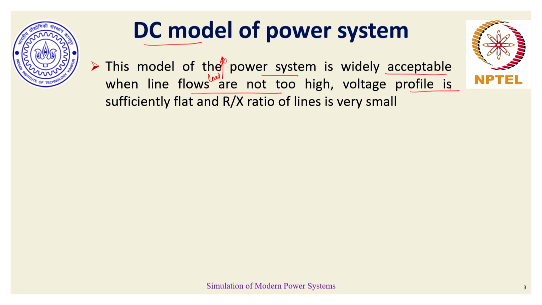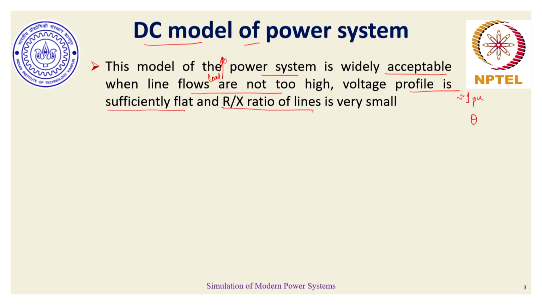The voltage profile at every bus is sufficiently flat, meaning voltage magnitudes are all close to 1 per unit, and transmission lines have low R by X ratio. So, for networks with highly inductive aspects, the DC model is able to provide good voltage phase angle estimates.